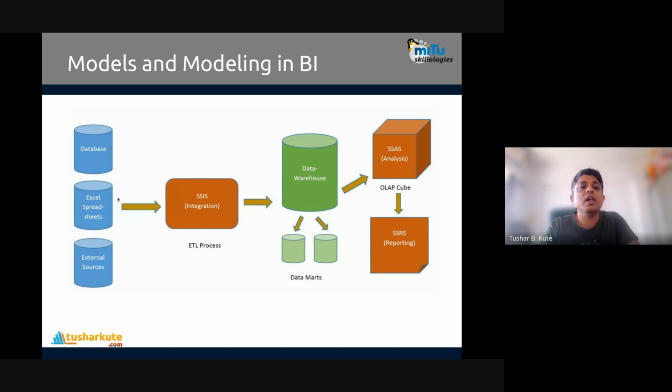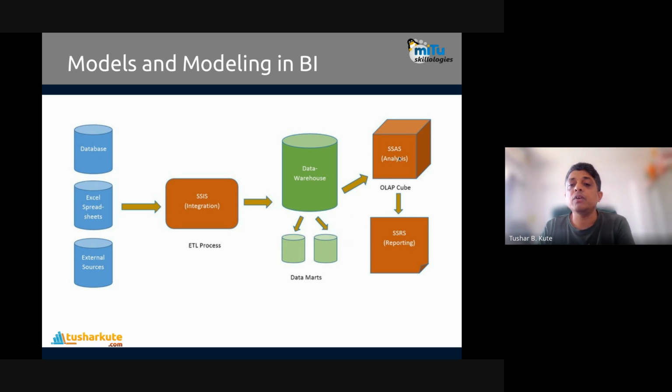We have different data sources: a database, Excel spreadsheet programs, or some other external data sources from the network. All of them are taken in the data integration process in ETL. We extract this data and store all of this in a data warehouse. Data marts, as per the application and the type of the data, are separated in different locations. They are called data marts.